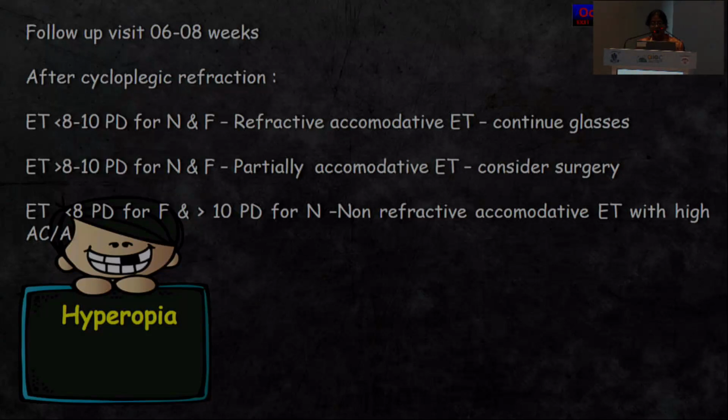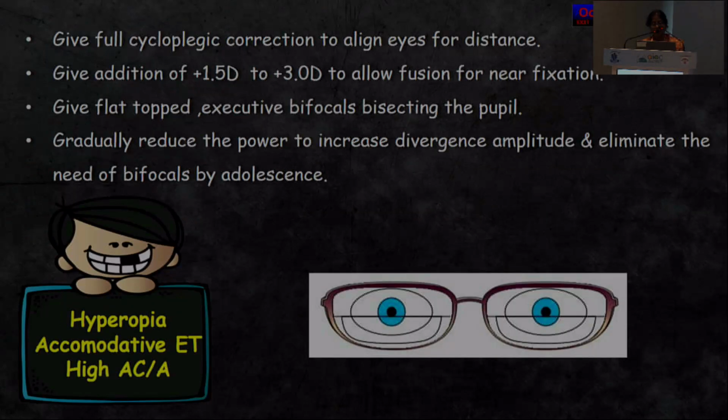Suppose the child has less than 8 prism diopters of esotropia for distance, but more than 10 prism diopters for near, then it is a non-refractive accommodative ET with high AC/A ratio. In such patients, you have to consider executive bifocals bisecting the pupil. Always give full cycloplegic correction in hyperopia with ET.